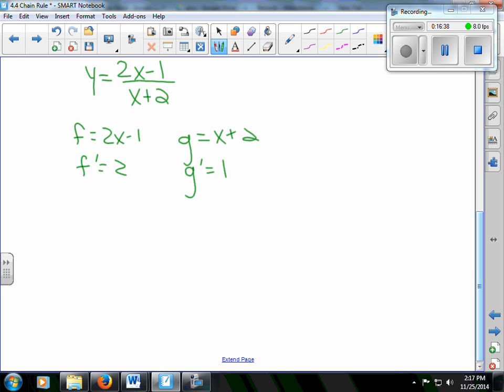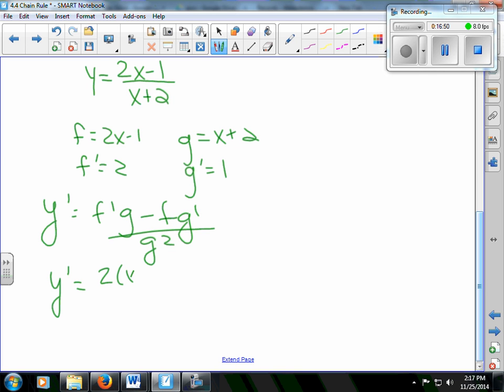And now use my quotient rule, f prime g minus f g prime over g squared. And so that derivative of that inside function, which I've called y, is (2x plus 2) minus (2x minus 1) times 1, all over (x plus 2) squared.